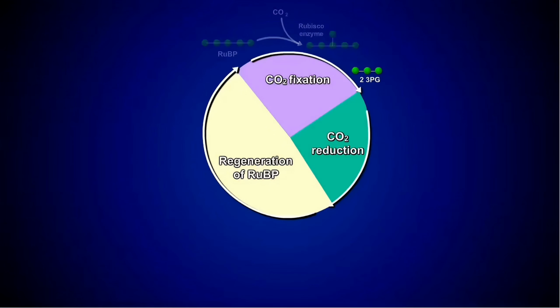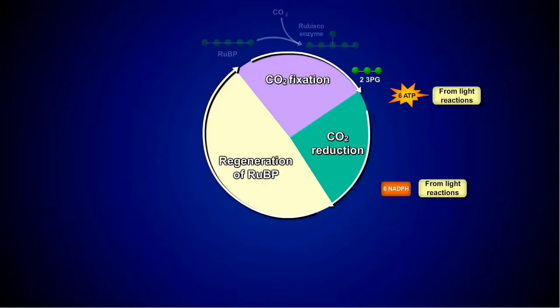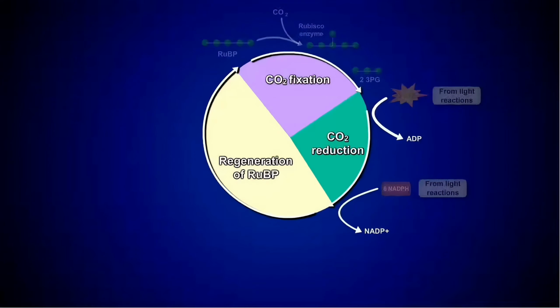Step 2. Reduction phase. In this phase, ATP and NADPH from the light-dependent reactions provide energy and electrons to transform 3-PGA into glyceraldehyde 3-phosphate, or G3P.